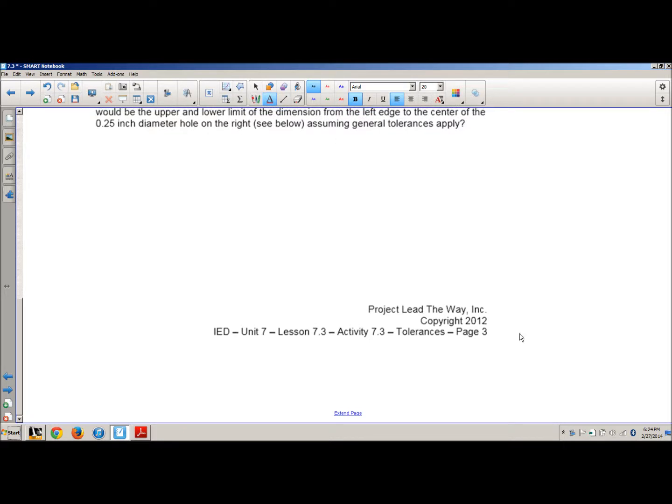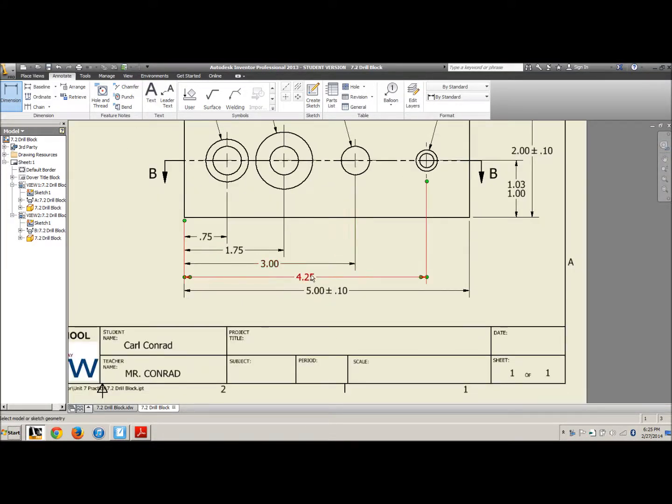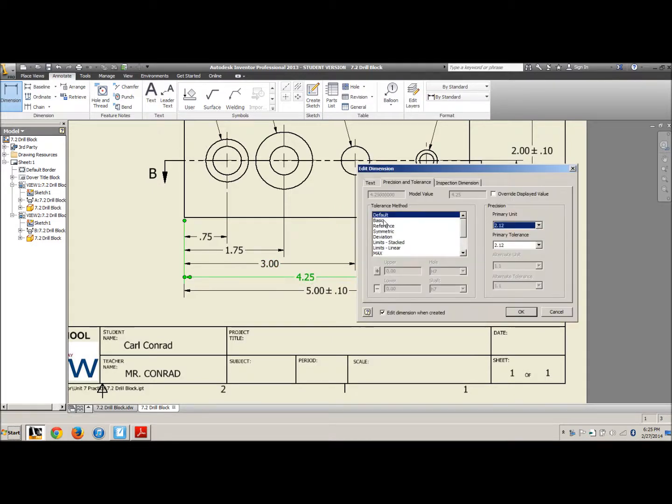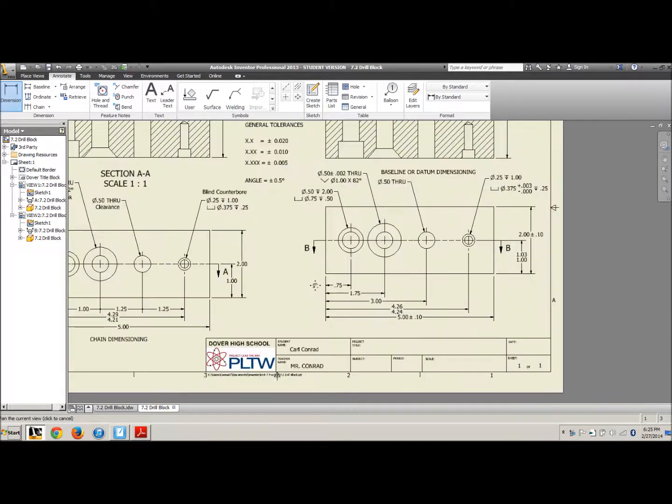It's page 4, and I don't have it in my document right here. But what the following question asks is, well, what about this dimension? This dimension, if it's only different by 1,000ths of an inch, of course the upper would be 4.26 and the lower would be 4.24. So that would be that limit dimension.